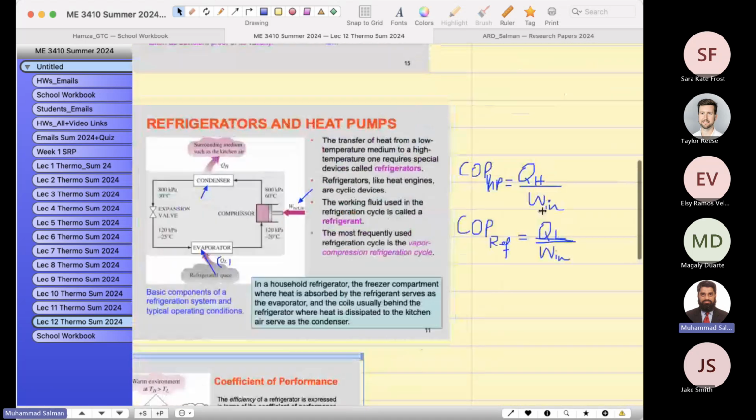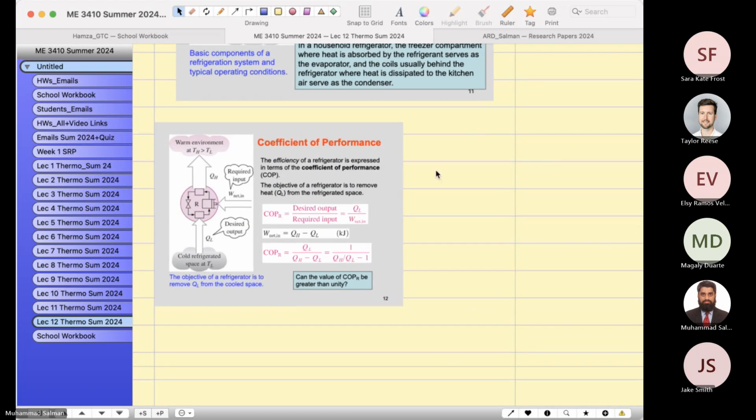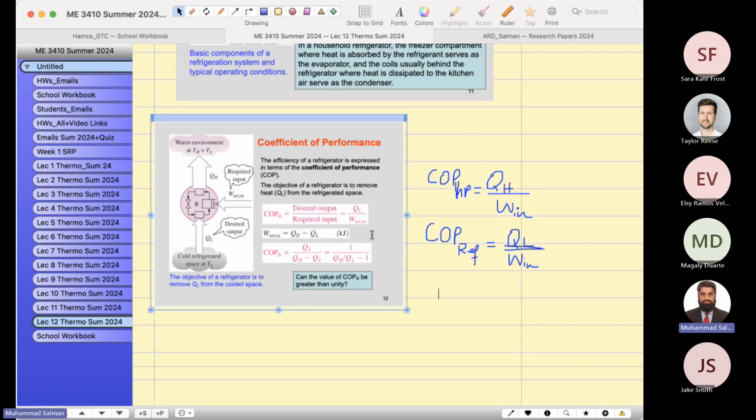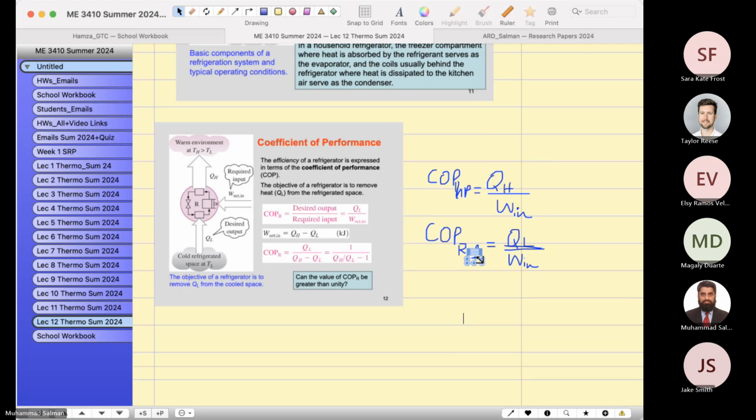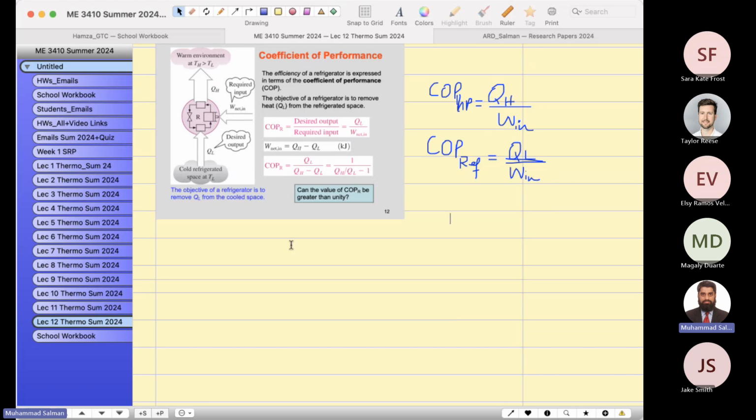So this is the same thing I just mentioned here. COP for the refrigerator, the desired output is QL divided by the required input, which is WN.